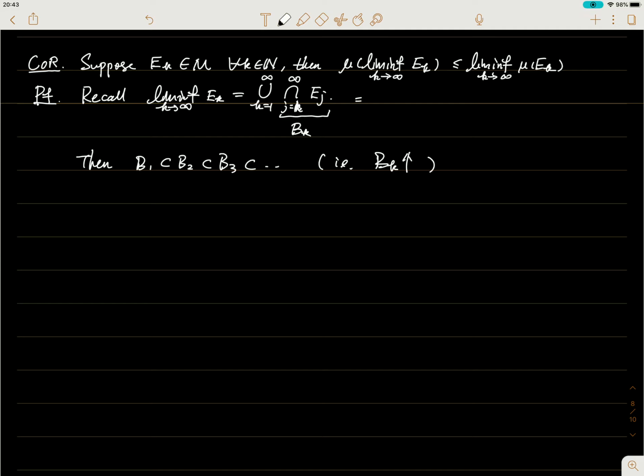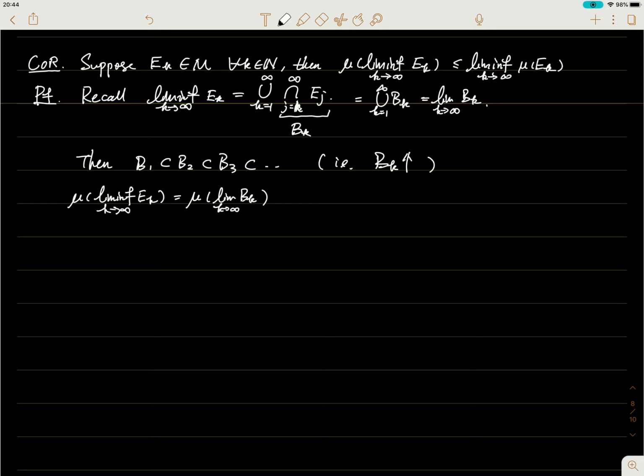So B_k is increasing, and then according to the definition of B_k, this is just the union of the B_k, and this is just the limit of B_k, right? So to prove the claim of this corollary, what we need to do is to look at the left-hand side, and as we just showed, this is just the measure of the limit of B_k because B_k is monotone.